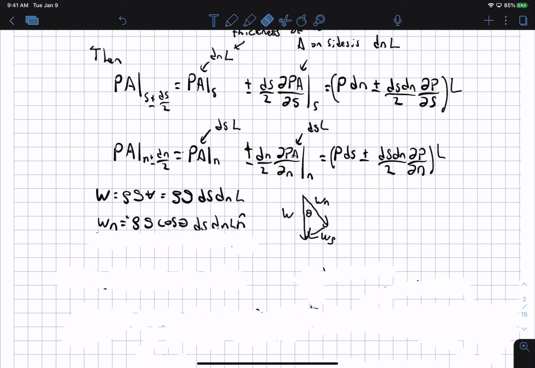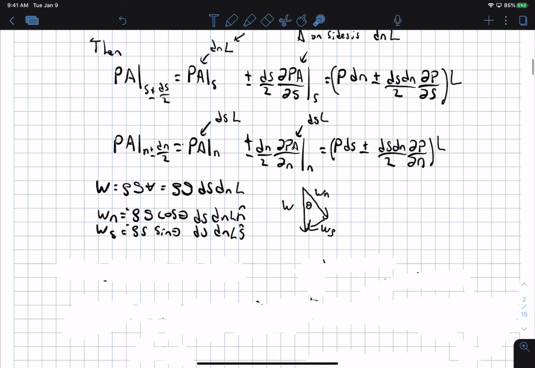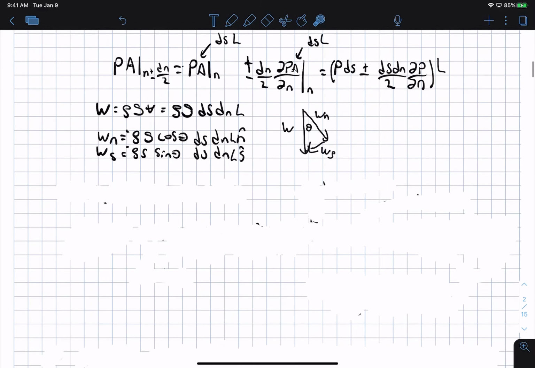So the normal component of the weight, it acts down, and that's just rho g cosine theta times the volume. And in the streamwise direction, it's just this, and so that all works out. So now we know all the components. We just need to put everything together.